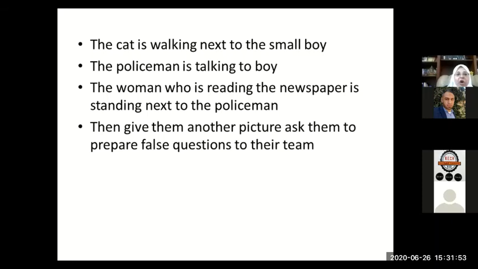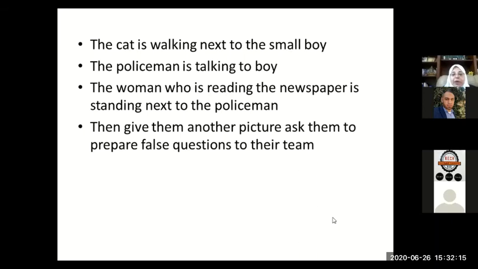Yes, very good. Okay, and then you could prepare some sentences and ask them whether these sentences are true or false. The cat is walking next to the small boy. Is this correct or incorrect from what you remember? No? Okay.